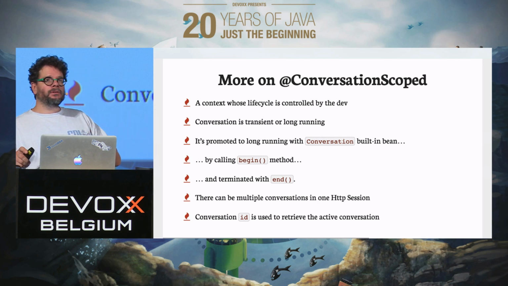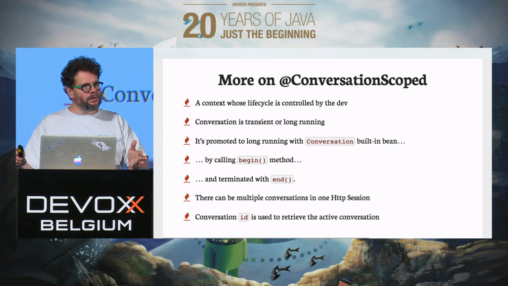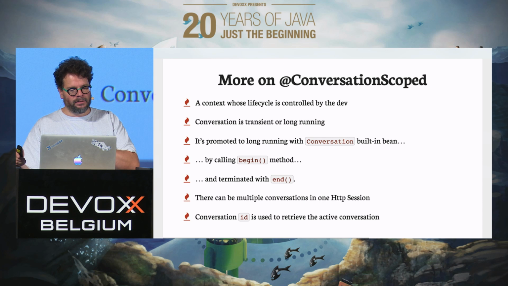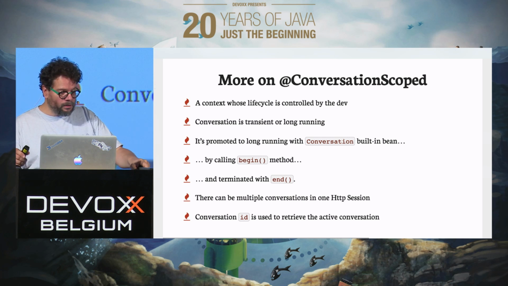The conversation can be used without being started, so it's transient, and you can promote it to a long-running conversation. We will do this promotion with the begin method, and we will end the context with the end method. And you can have multiple conversations in the same HTTP session.